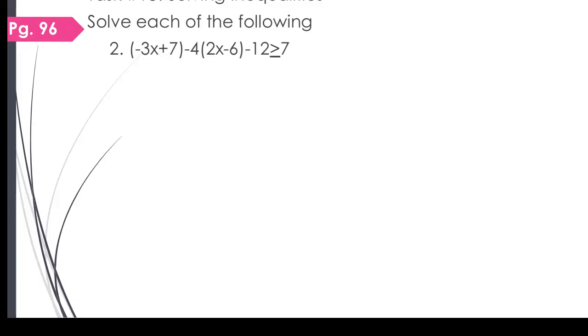So I'm not distributing or anything with this first set of parentheses. We'll just rewrite it. We have to keep those parentheses. Can we combine what's in parentheses? Are those like terms? Can we combine them? We'll just rewrite them without parentheses. Okay. What about that next one?